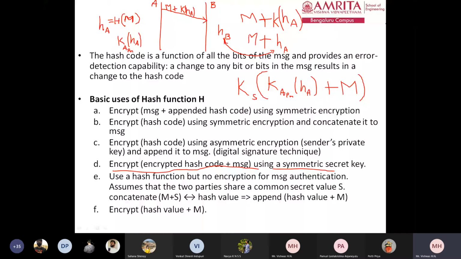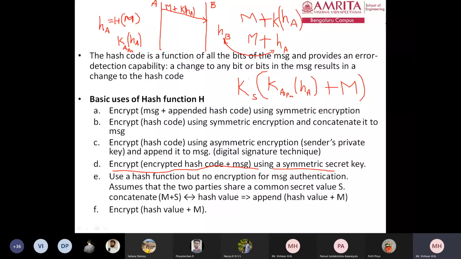Can anyone tell me? Confidentiality, sir. Yes, you are trying to prove the confidentiality also here. Why? Because you are encrypting the message. Nowhere previously did we try to encrypt the message. Here we are trying to encrypt the message also.